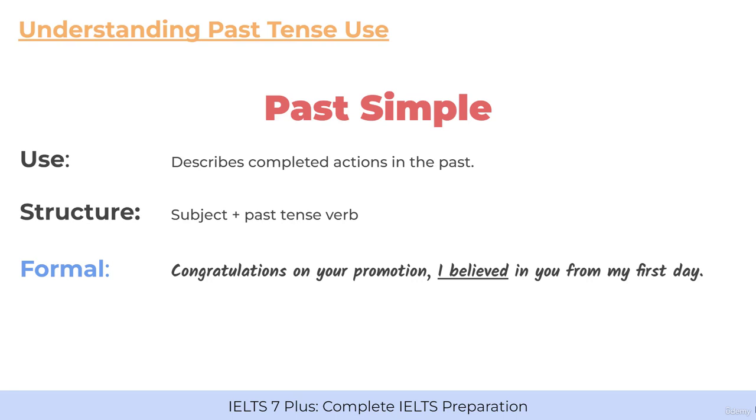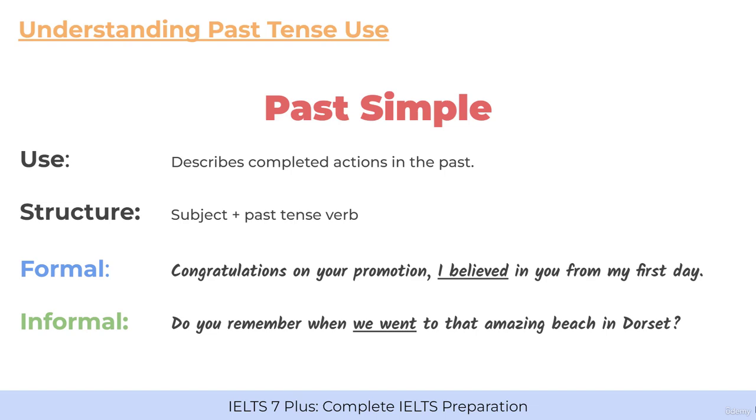Pretty straightforward. And within an informal context, do you remember when we went to that amazing beach in Dorset? We, subject, past tense verb, went, present tense, to go. So went, of course, irregular verb.